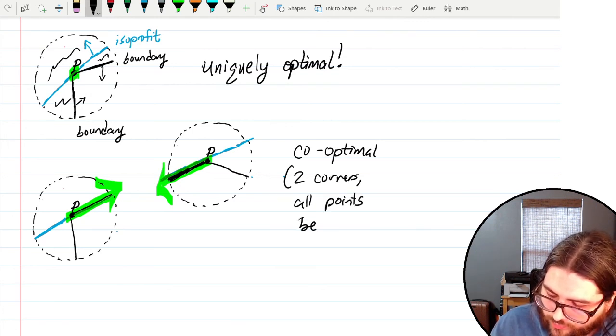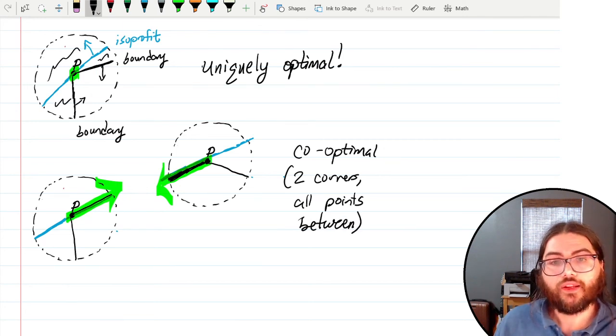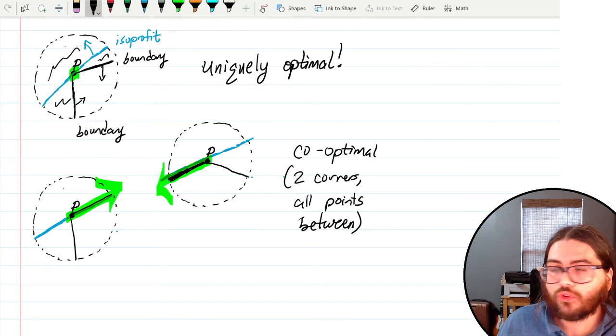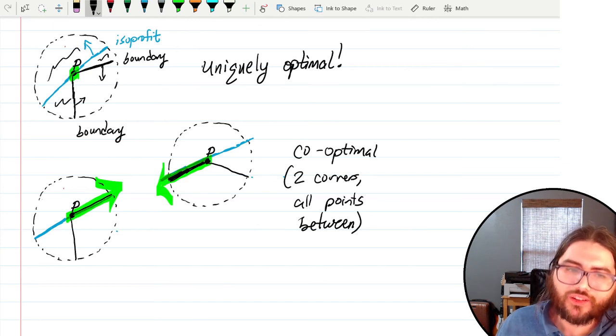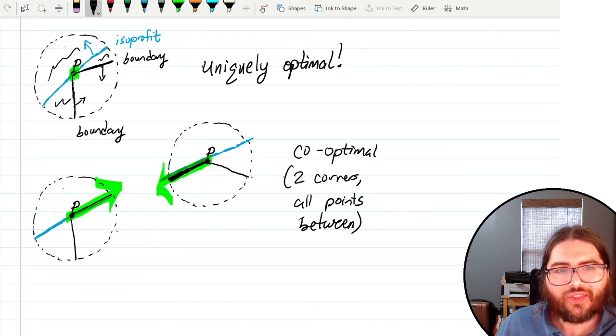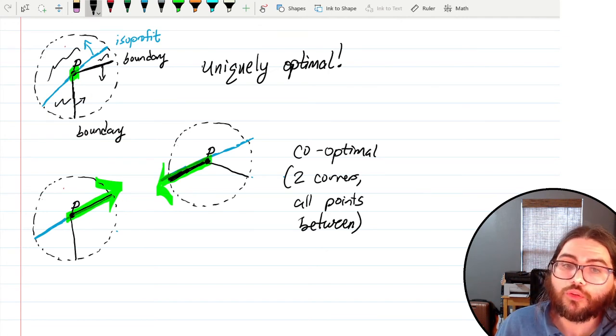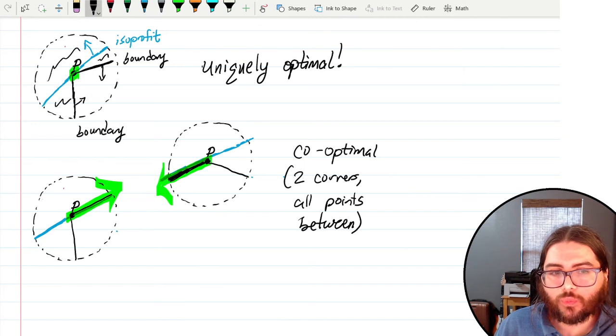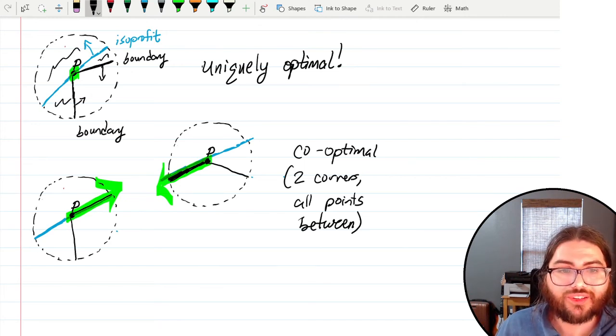But it will always be that way. Right? When I have that co-optimal scenario, it will always be two of the corners and all of the points in between those two corners. And that's what I was saying earlier, where it could be a uniquely optimal point, or it could be a co-optimal point, in which case one of the corner points will have one of these properties.